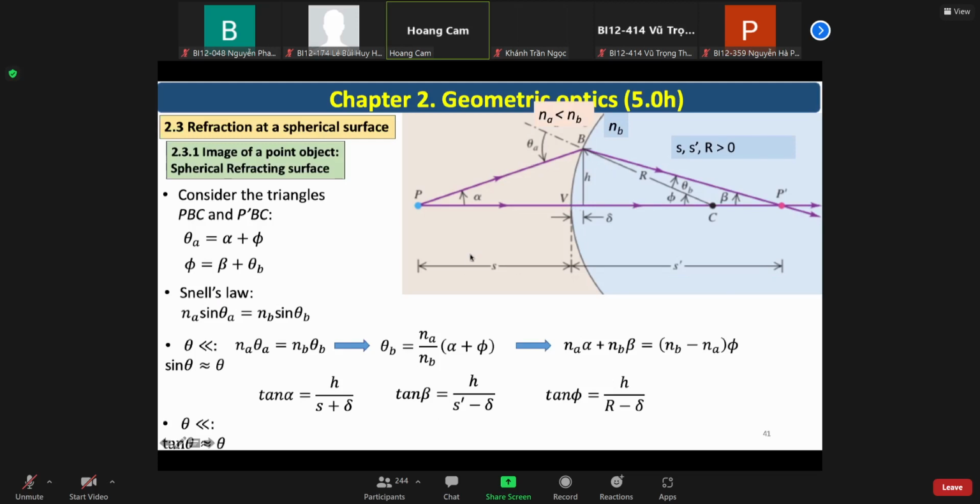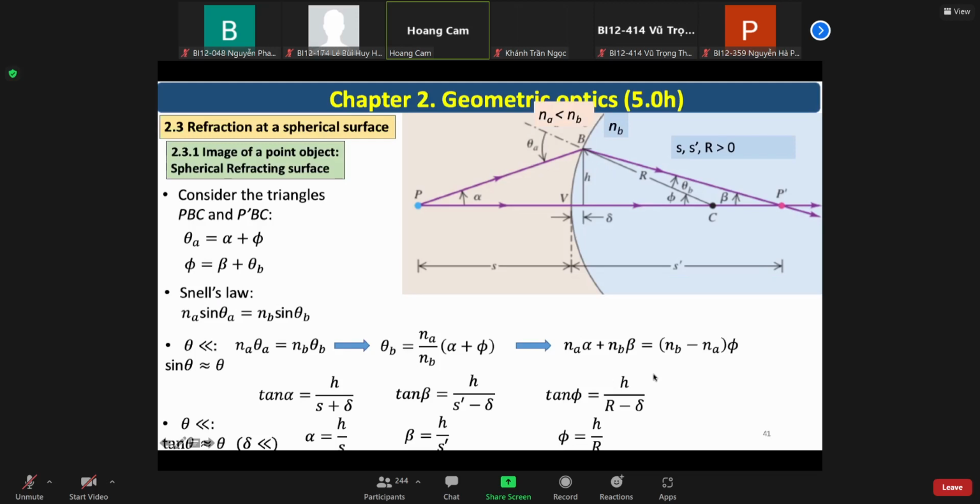And normally we also have the condition that theta is small, so tangent of theta is more or less equal to theta. And on the angles here, delta is small as well. So all the angles are small. So you can deduce alpha equals h over s, beta equals h over s prime, and phi equals h over r.